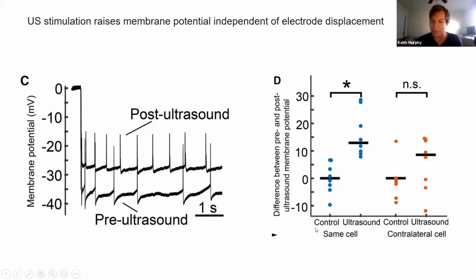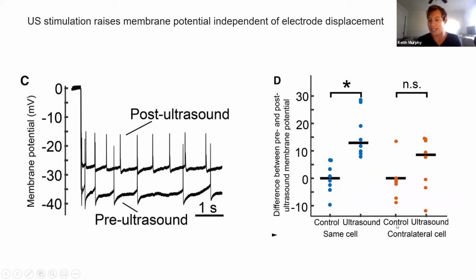So as you'd expect, under any conditions, I suppose, if you believe in ultrasound or mechanically disrupting the cell, you can see that in our same cell recording, the control had some given resting membrane potential. And then after ultrasound exposure, when you recorded from that same cell, the membrane potential has significantly changed.